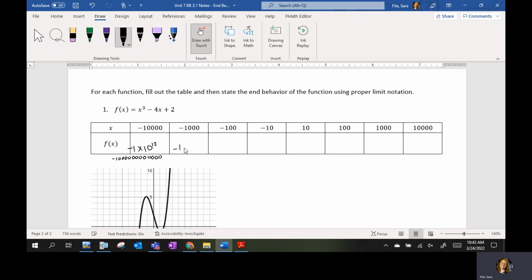Okay. And then this is -1 times 10 to the 9th. So still really, really small, really, really negative, but not quite as much, right? And then it is -1 times 10 to the 6th. Okay. And then it's -958.